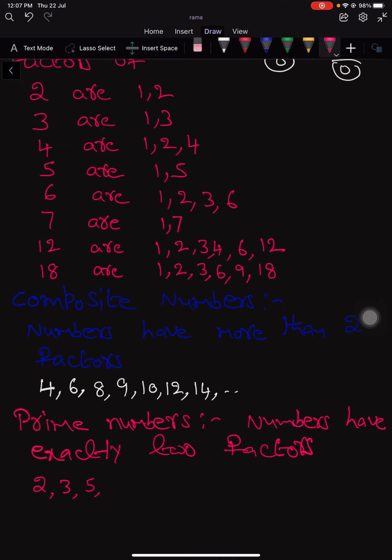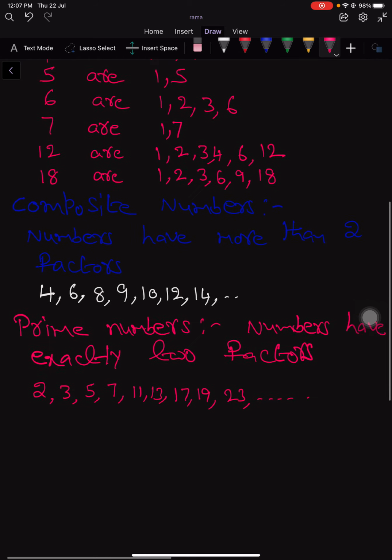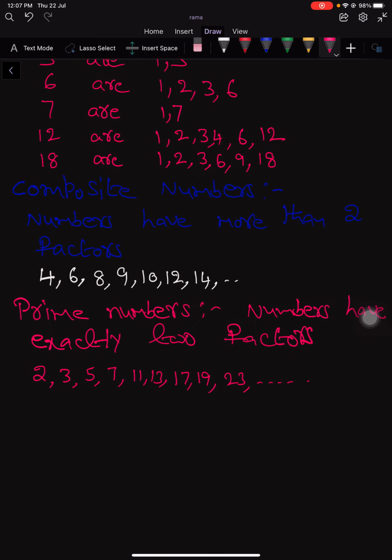So it is not a prime number. 7. 8, 8 is also 2 fours are 8. 9, 3 threes are 9. So after 7 we will get 11, 13, 17, 19, 23, and so on. Try to write a few prime numbers other than these numbers.